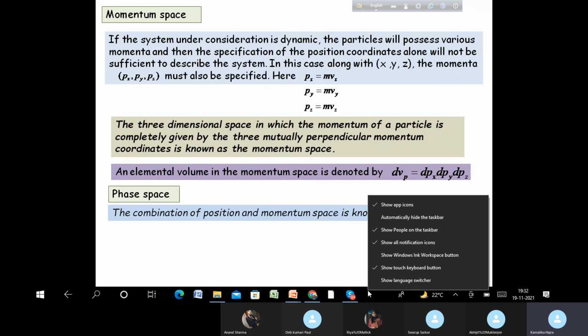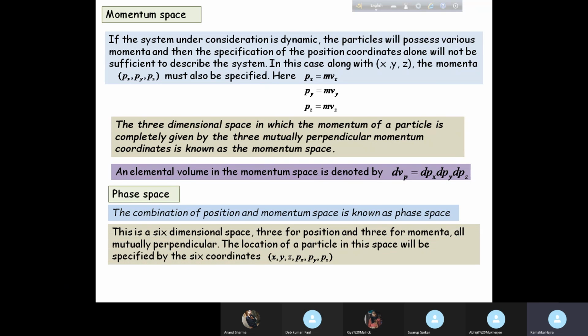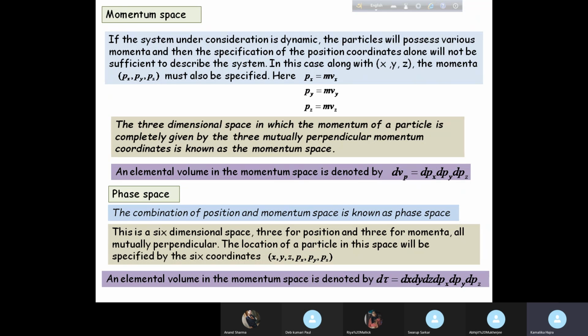We have 3 dimensions of position and 3 dimensions of momentum. So the combination will be phase space. Okay. So any single point in the phase space will be denoted by 6 coordinates: x, y, z, px, py, pz.